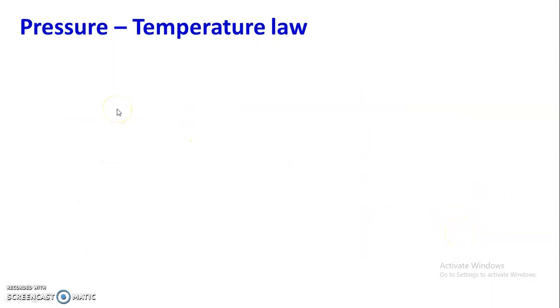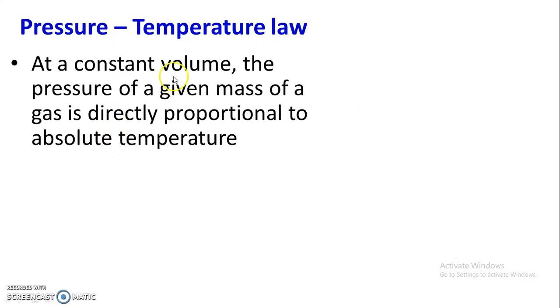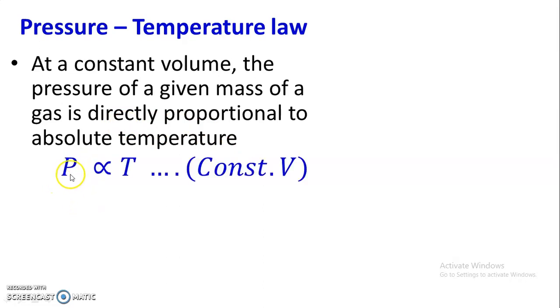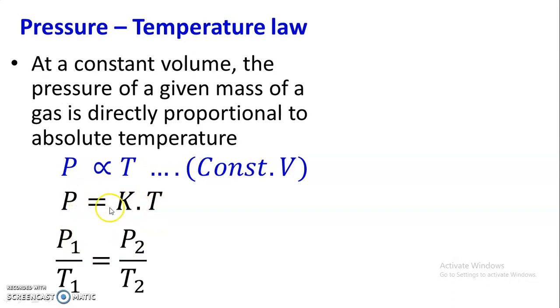Now the next law is the pressure temperature law. According to this law, at a constant volume, the pressure of a given mass of a gas is directly proportional to absolute temperature, and therefore P is directly proportional to T at constant volume, or P is equal to some proportionality constant K into T, or P upon T is equal to K. For two different temperatures, suppose P1 is the pressure corresponding to temperature T1, and P2 is the pressure corresponding to temperature T2.